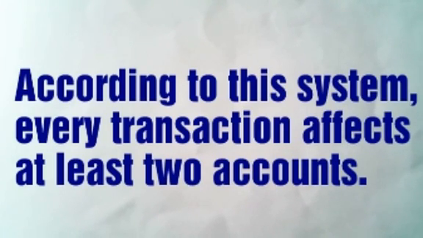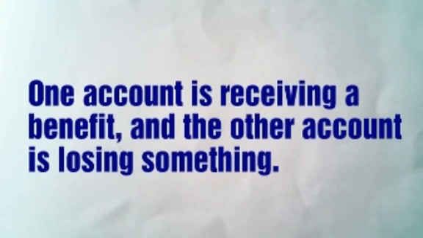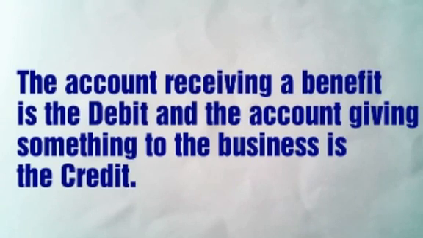According to this system, every transaction affects at least two accounts. One account is receiving a benefit and the other account is losing something. The account receiving a benefit is debited and the account who gives something to the business is credited.